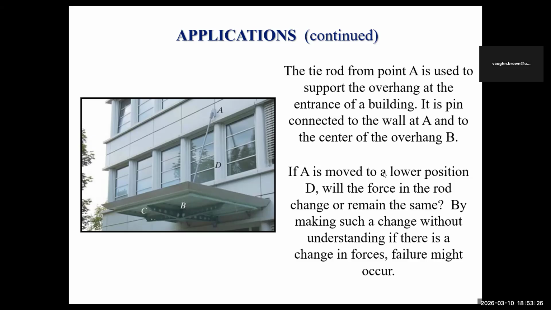If A is moved to a lower position, right, D down here, will the force in the rod change or remain the same? By making such a change without understanding if there is a change in the force, failure might occur. Of course it will, because it's going to require a different force up here.